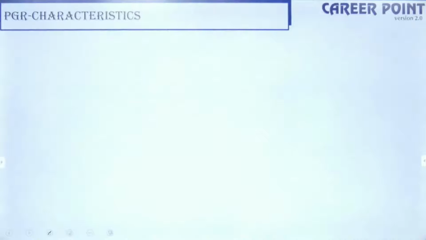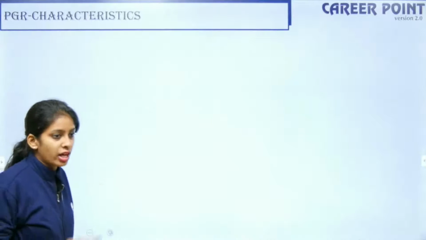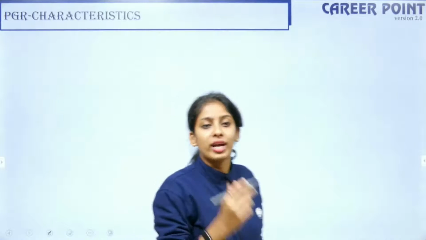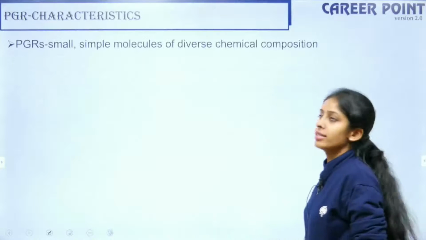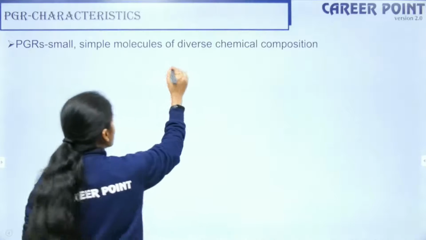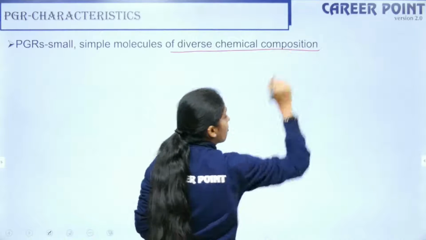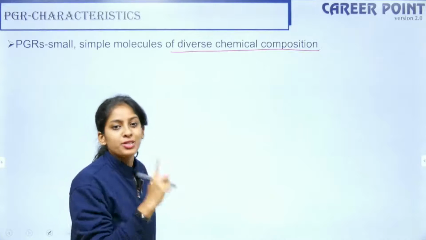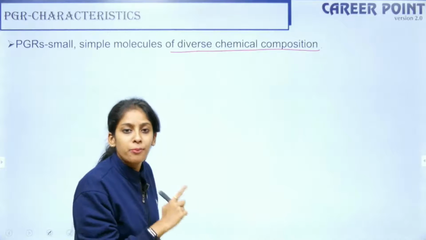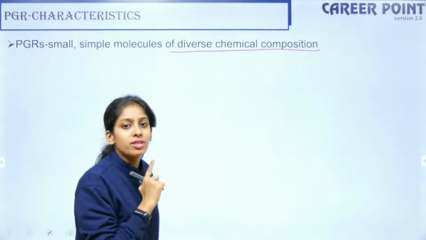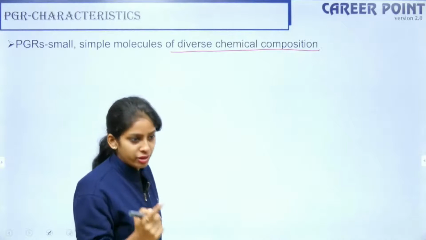Okay, so the first one is your PGR characteristic. How should a plant growth regulator be? Number one, they are small simple molecules of diverse chemical composition. All the plant growth regulators that I wrote in my previous slide are not of the same type. They are all of different types.